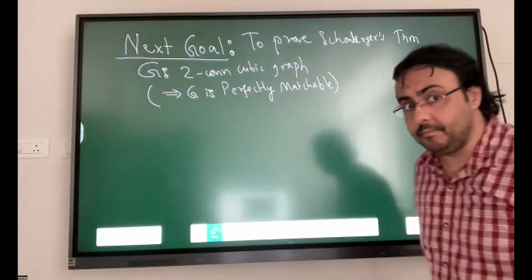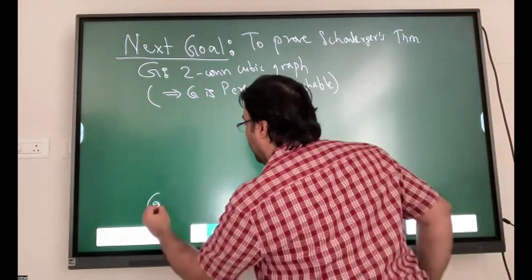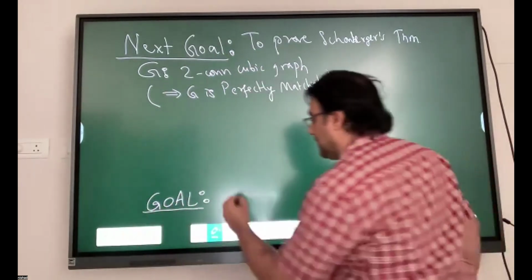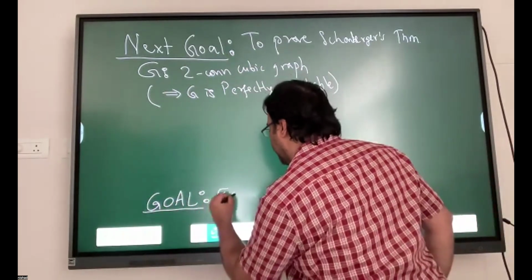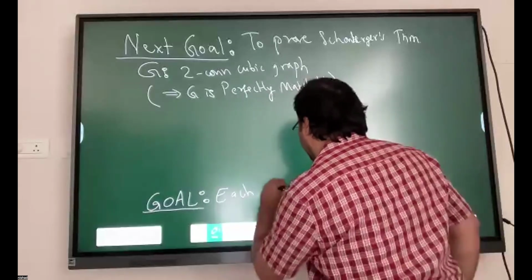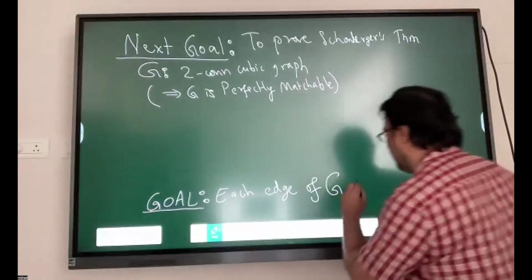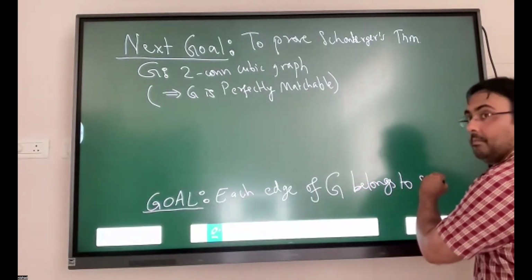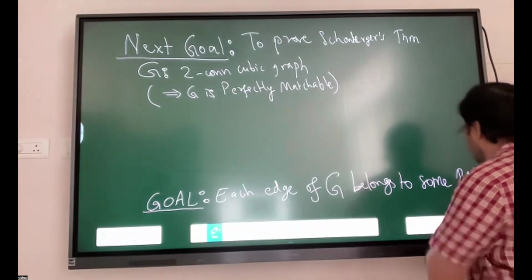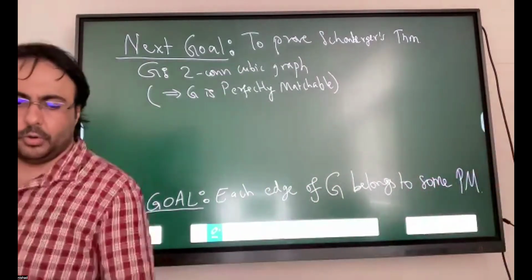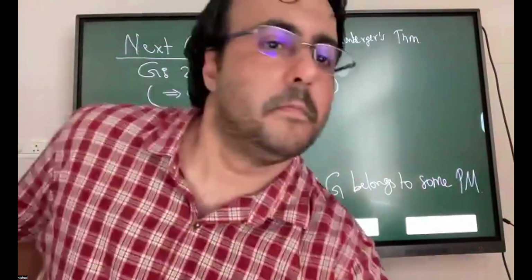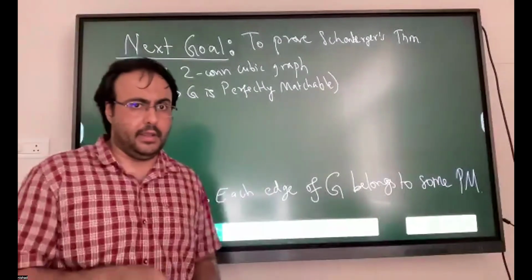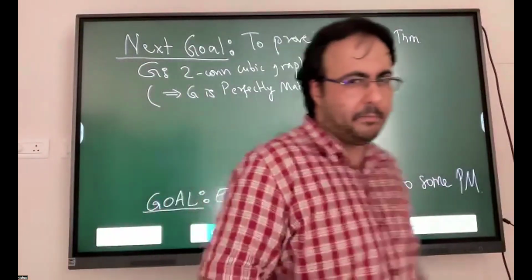It has a perfect matching. And our goal is to prove that each edge of the graph belongs to some perfect matching. Is the next goal clear? We know that the graph has a perfect matching. Now we are trying to prove the stronger property that every edge belongs to some perfect matching of the graph.